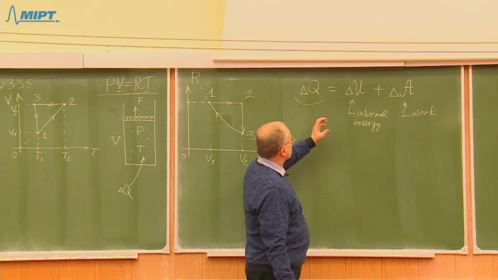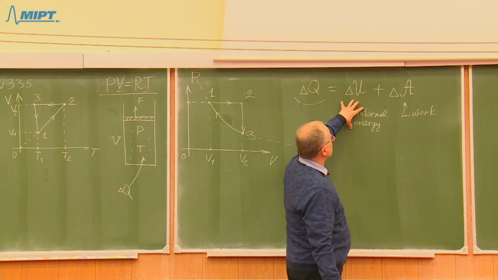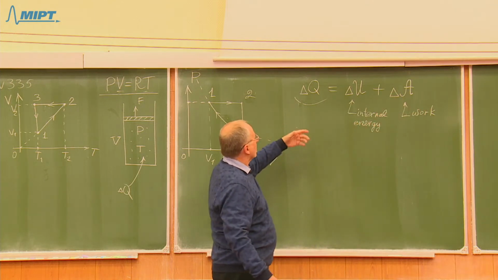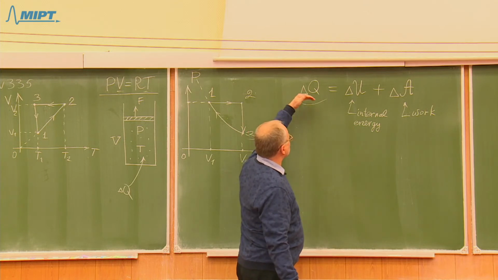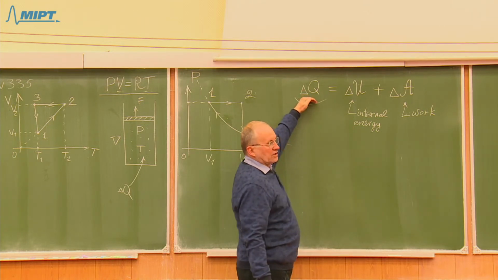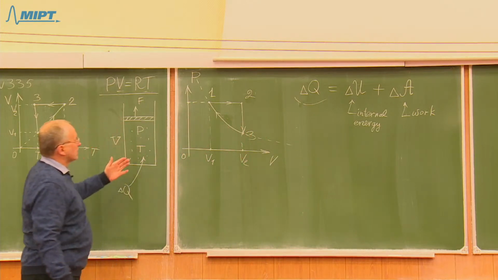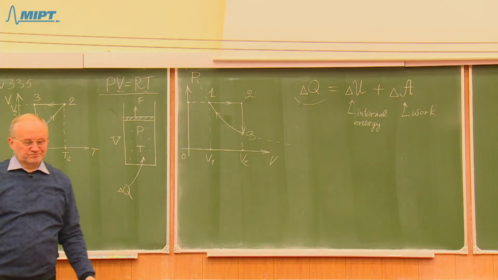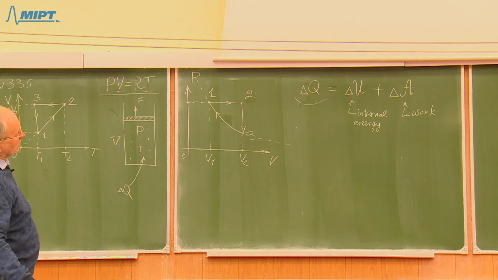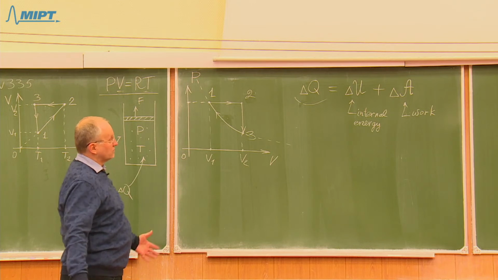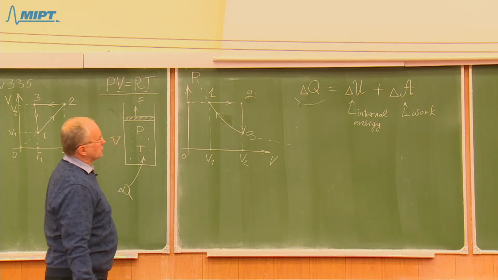The change in internal energy and the work produced by the gas, all this may happen only due to some heat energy which is transferred to this gas volume. This is the energy balance equation.